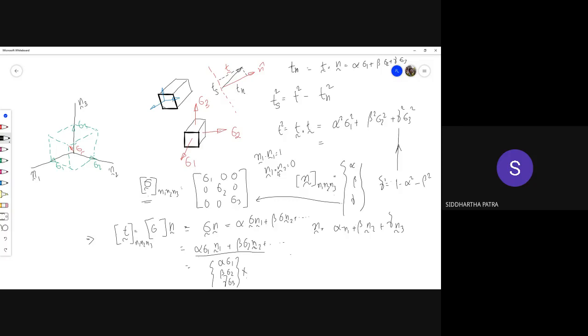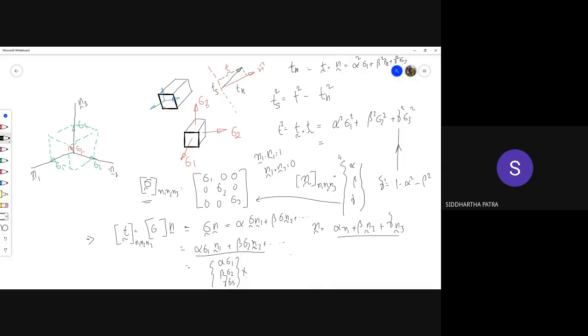Okay. So then write down the expression for Tn squared. Remember, oh, sorry, I made a mistake. N is this quantity, right? So when you take a dot product, it is alpha squared sigma 1, beta squared sigma 2, and gamma squared sigma 3.